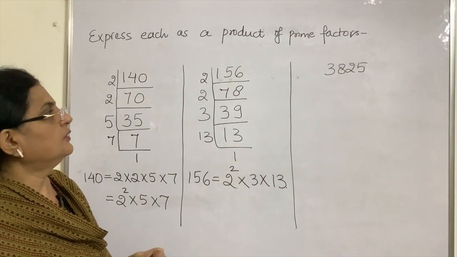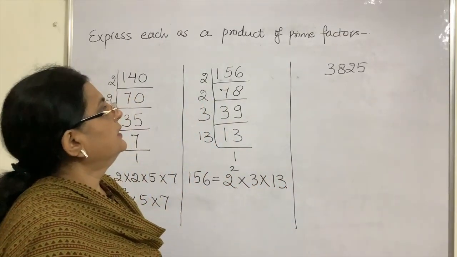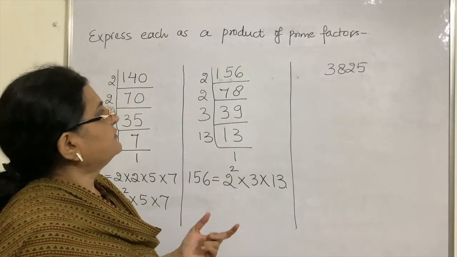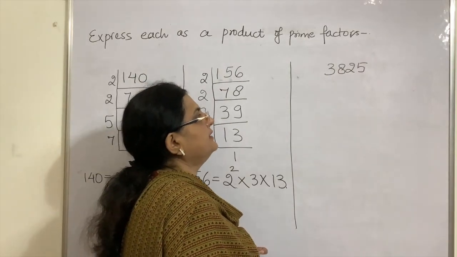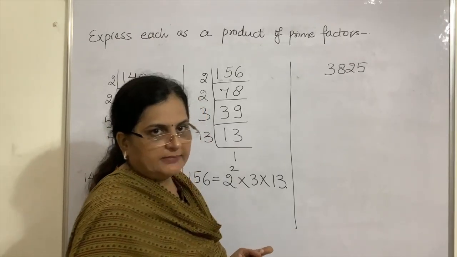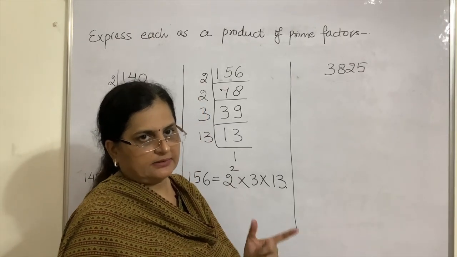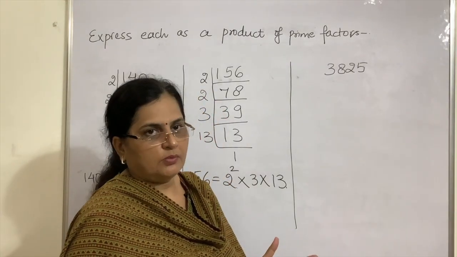Not difficult at all. Okay, coming on to the next question, 3825. So first we have to check whether it is divisible by 2 or not. It is not. Why? Because it is an odd number. What about checking it by 3? Then the next prime number that comes to our mind after 2 is what? 3. So for 3, what do we do?